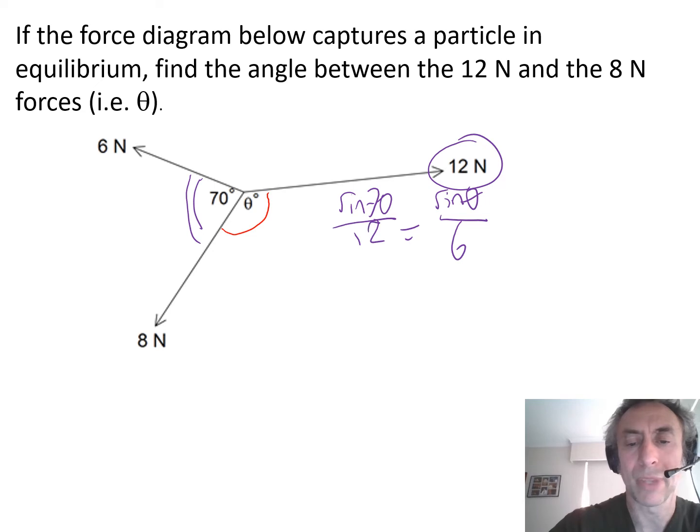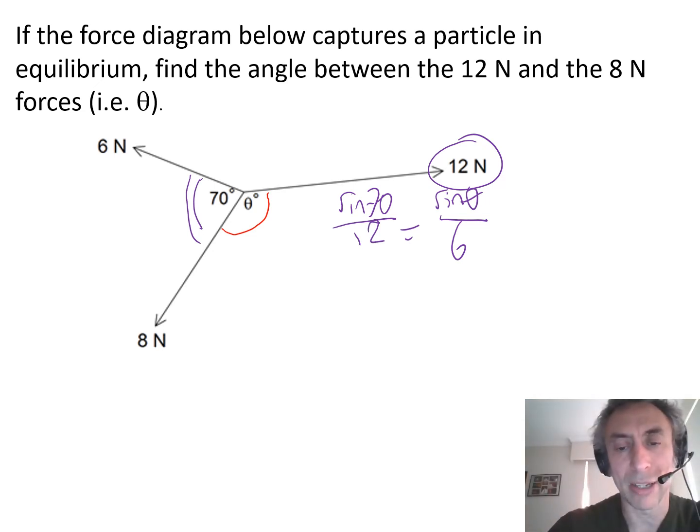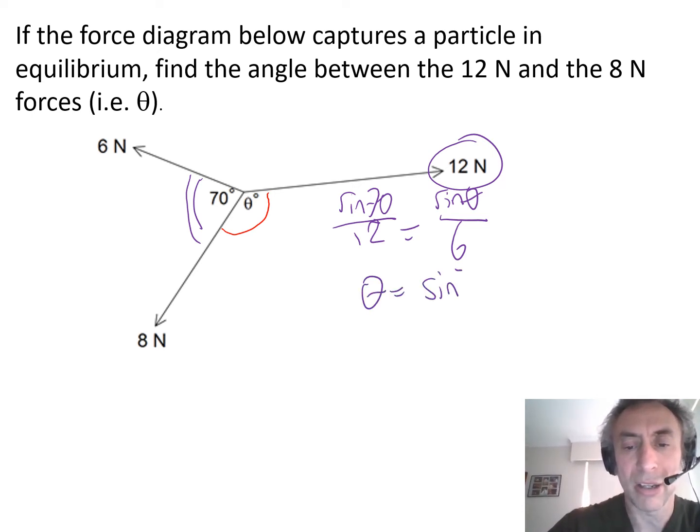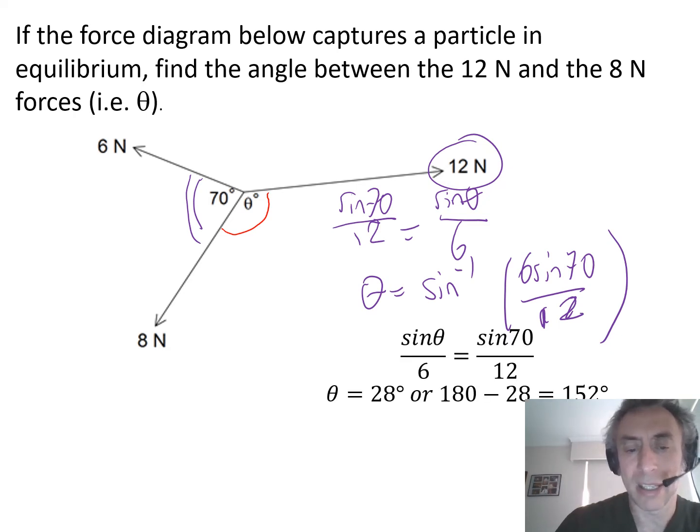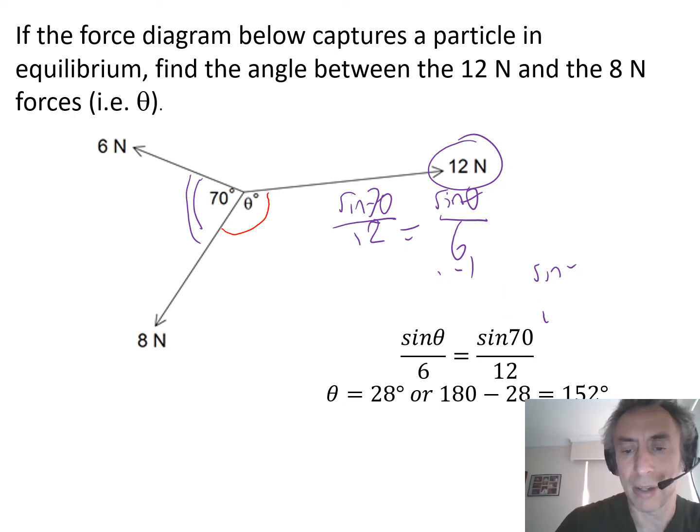From there, we can find theta. Theta will be the inverse sine of 6 times sine 70 over 12, so half of sine 70. Okay, and we get a particular answer. Let me just erase that, and then we can discuss the issues. So there it is.